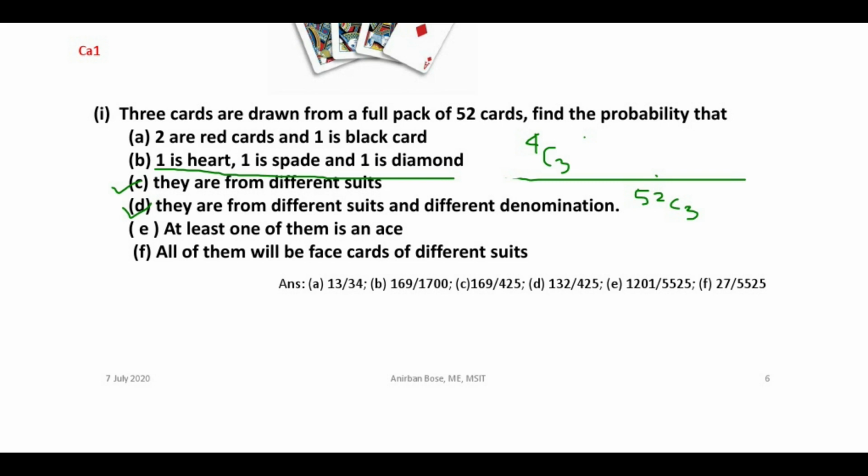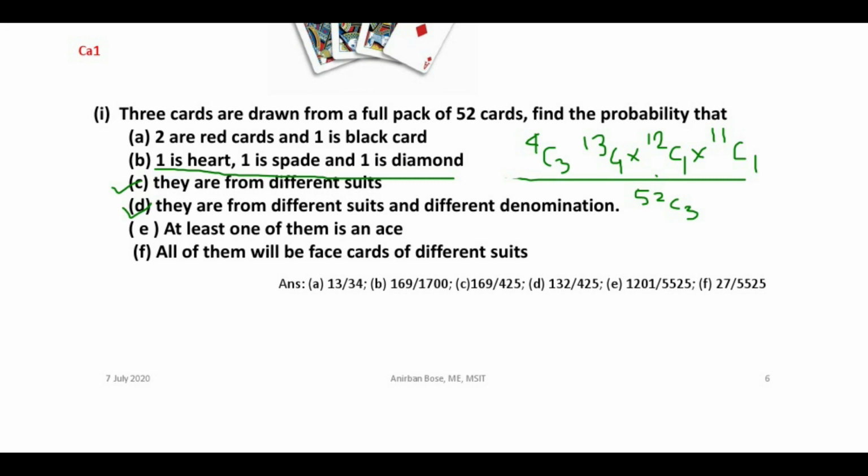Let us choose one card from a particular suit. Then the second one should not be of that denomination, so from the remaining 12 denominations you choose the second card. Similarly, already 2 cards are taken from 2 different suits with different denominations, so for the third card you have to choose a different denomination. That is why it will be 11C1. So this will be the answer of question number D.